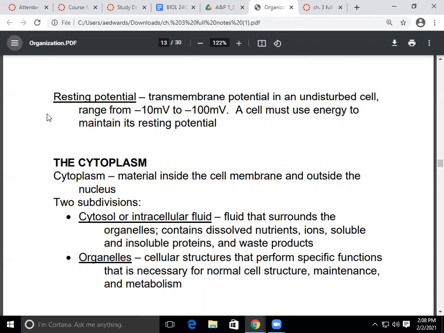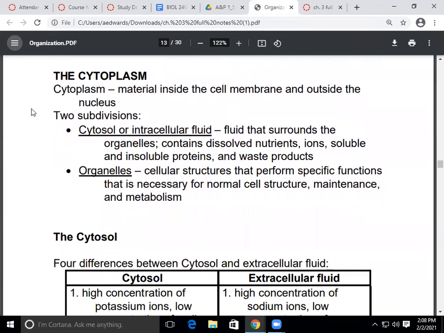We've covered the nucleus, we've covered the plasma membrane. Let's cover the cytoplasm. The cytoplasm is the material between the nucleus and the cell membrane. It has two subdivisions: the cytosol, which is the fluid, and the organelles that exist inside the fluid.